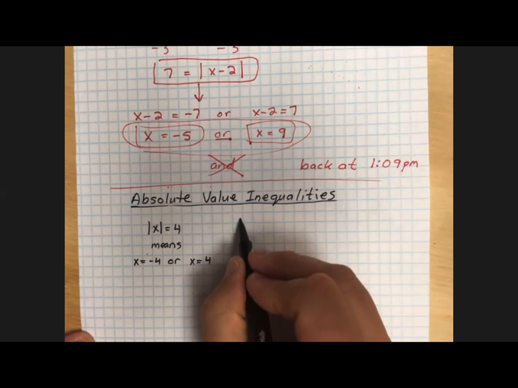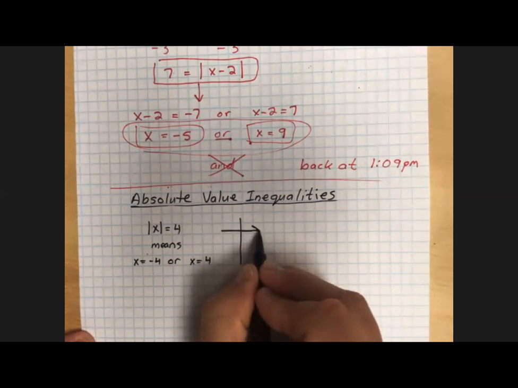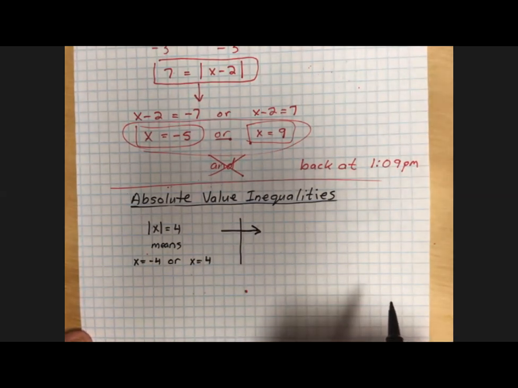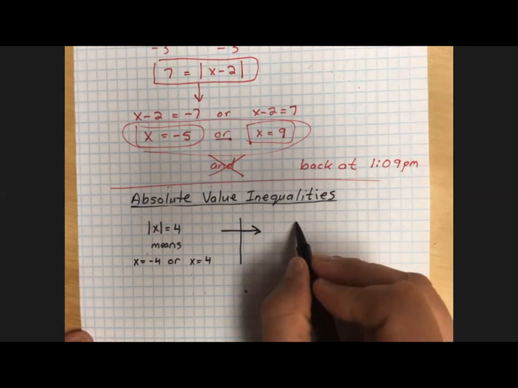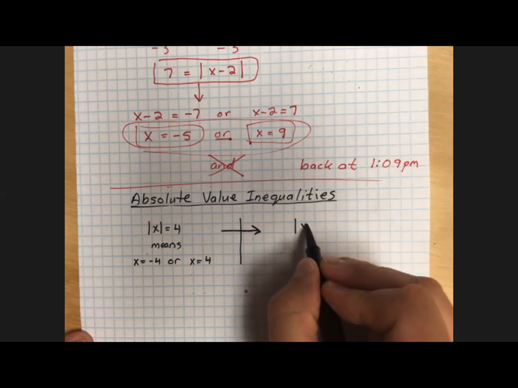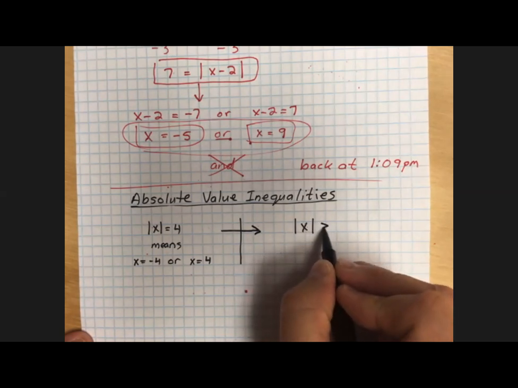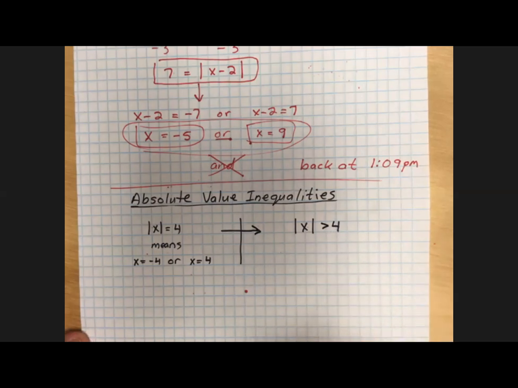Now, let's take a step over here. And let's say, what would it mean if I said absolute value of X is bigger than 4? Or bigger than or equal to, either way.